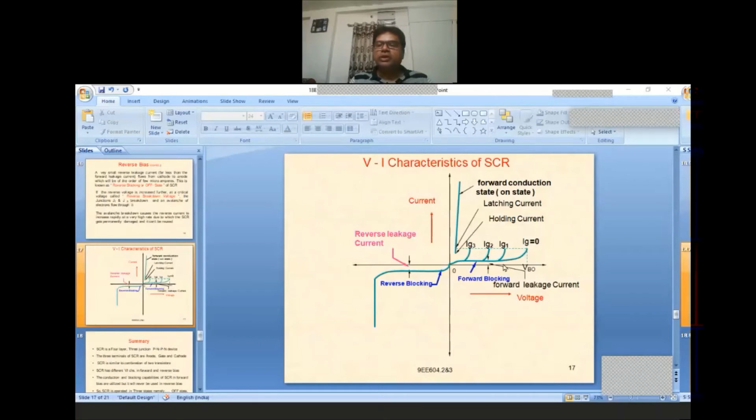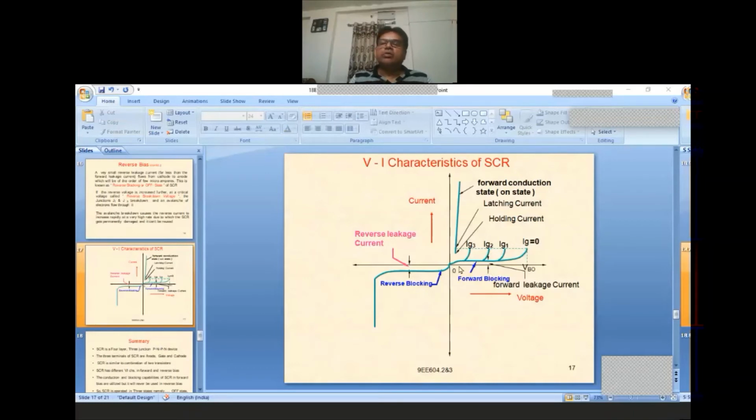So the forward breakover voltage corresponding to a gate current IG1 will now be VBO1, which will always be less than VBO. And now the VI characteristic curve will take a shape or locus like this.